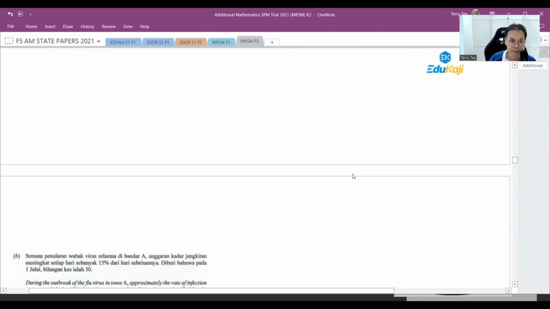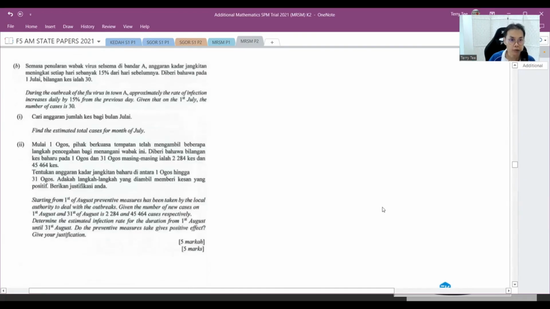Let's move on to part B. During the outbreak of flu virus in town A, approximately the rate of infection increases daily by 15% from the previous day. On the 1st of July, the number of cases is 30. This is still a geometric progression. First day, 30 cases.